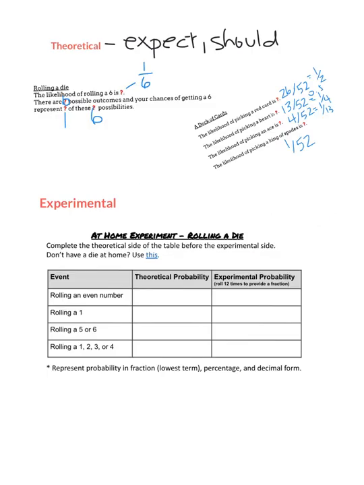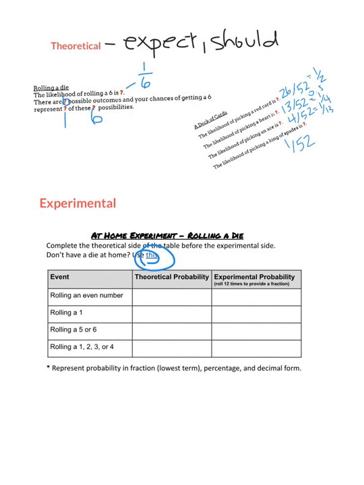Looking ahead to the next part of the working on it portion of this lesson, I have you conducting an at-home experiment with rolling a die. Now, if you don't have a die at home, there is a link on the page where it says use this, where you can click and roll a virtual die and use that, and that's fine. In this particular experiment, you're first going to conduct what is the theoretical probability of the 4 scenarios occurring.